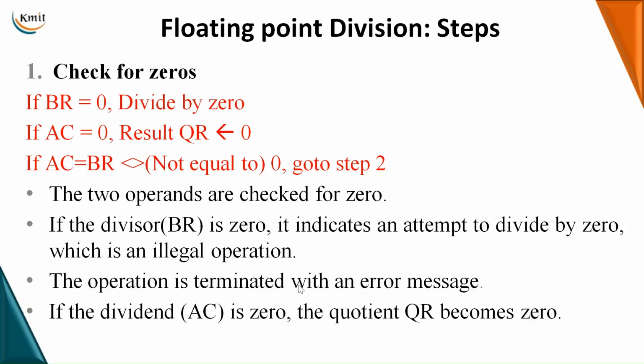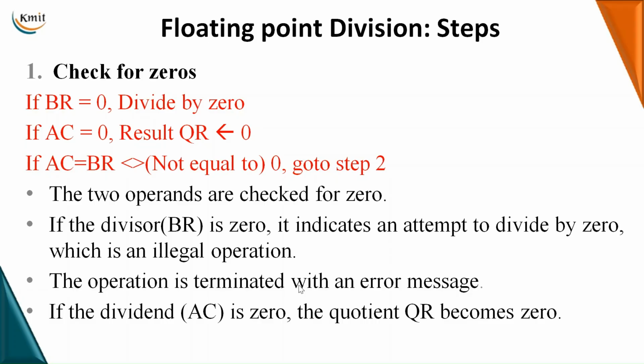Similar to the multiplication algorithm, here also we check if any of the operands involved in the division algorithm is a zero. As we know, the division algorithm contains 2 operands. One is AC and one is BR. AC stores the dividend, whereas the BR register stores the divisor.